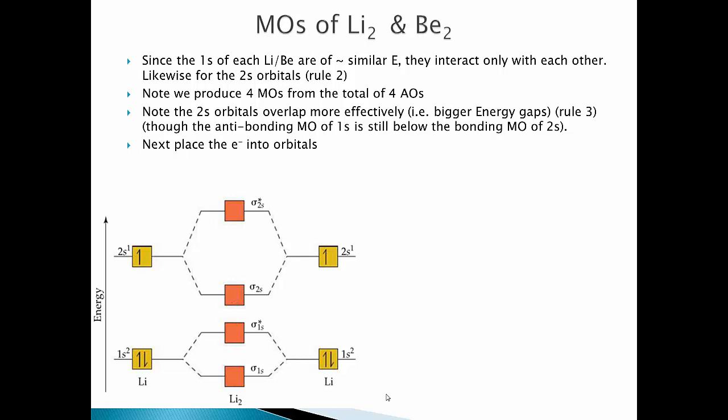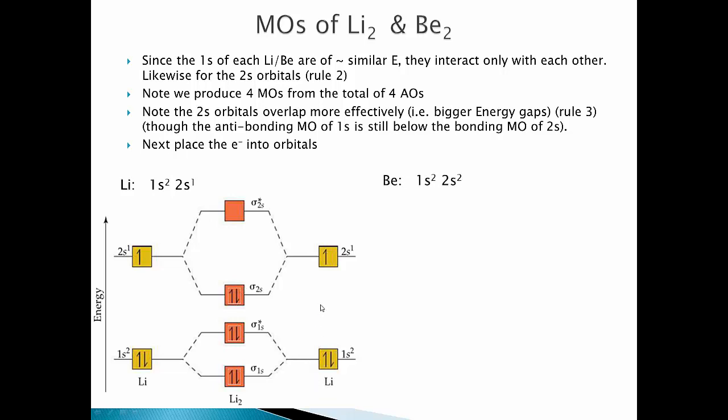Let's look at some examples. Let's look at lithium, our first one in the second period. We've got 1s2, 2s1, so we've got 3 electrons in each of our s's. Putting them together, we go 2, 4, and then we've got 2 left, so they go in there.